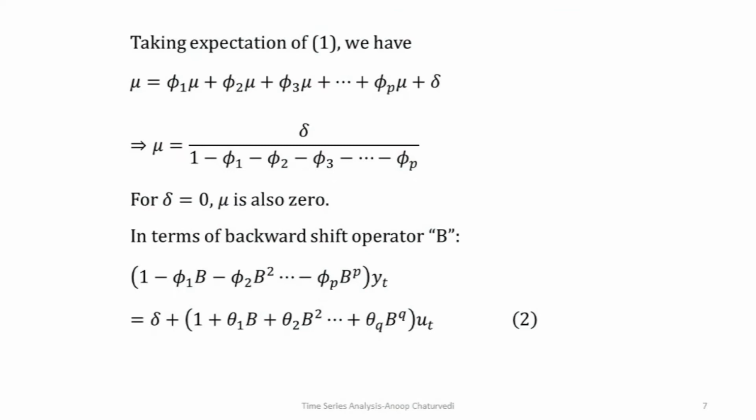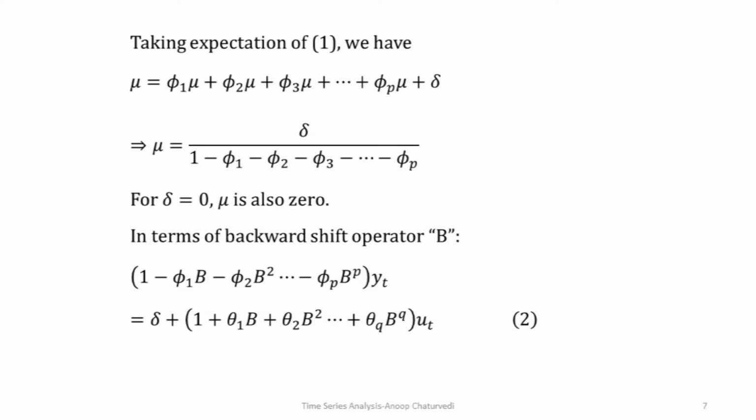So, you obtain mu equal to phi 1 mu plus phi 2 mu, so on, plus phi p mu plus delta. And then you collect all the terms involving mu on the left hand side. You get mu into 1 minus phi 1 minus phi 2, so on, minus phi p equal to delta, or mu is equal to delta upon 1 minus phi 1 minus phi 2, so on, minus phi p.